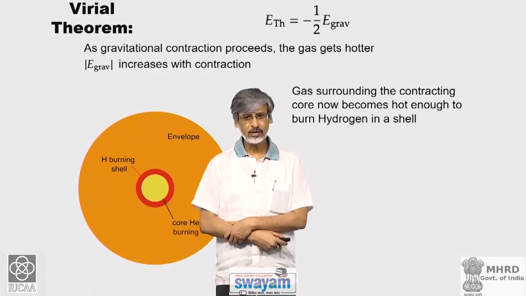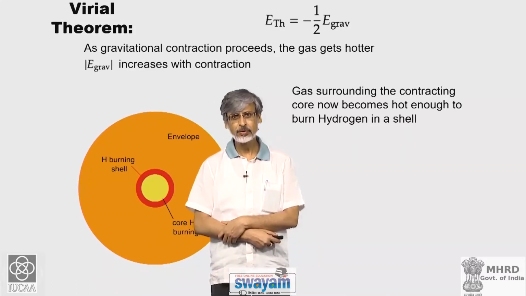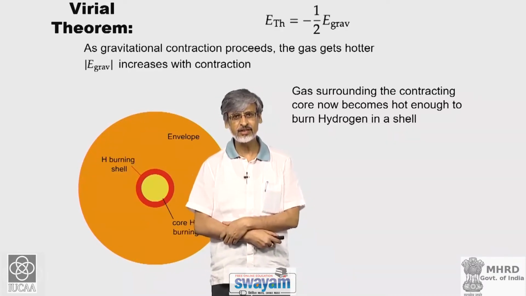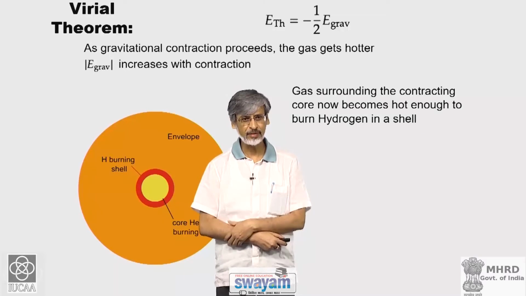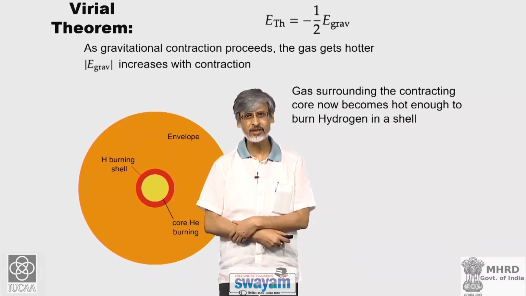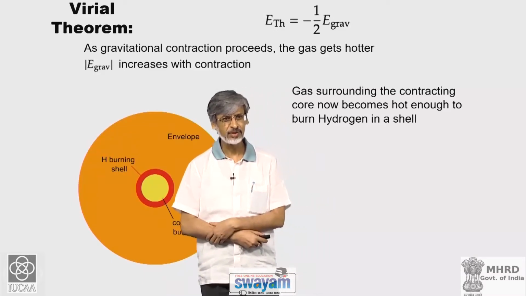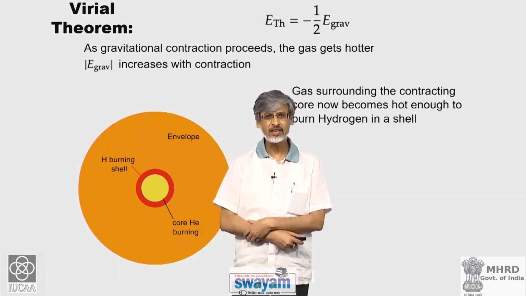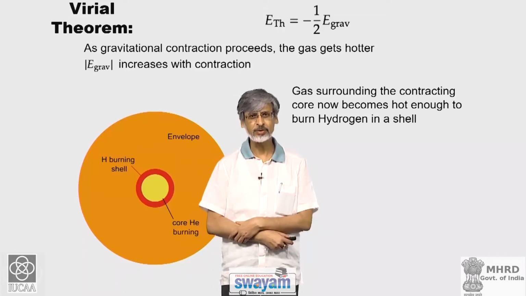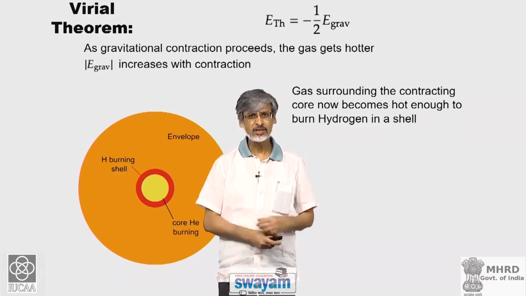When a globe of gas contracts due to gravity, its gravitational binding energy rises. Gravitational binding energy is a negative quantity, so the magnitude of the gravitational binding energy rises. Now, we have a theorem called the virial theorem, which relates the thermal energy in a quasi static bound object with the gravitational binding energy, as given here.